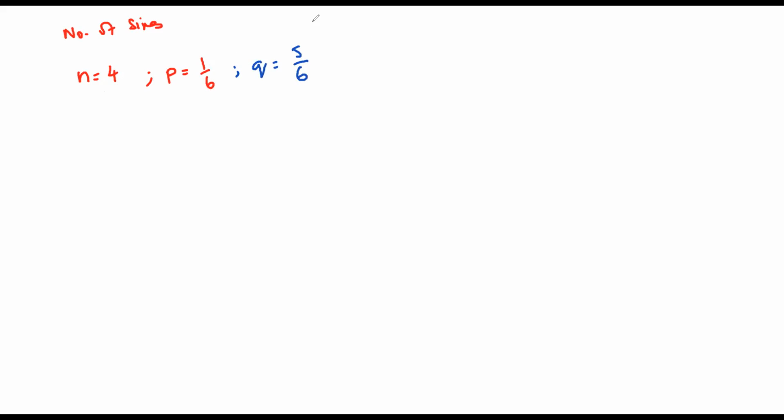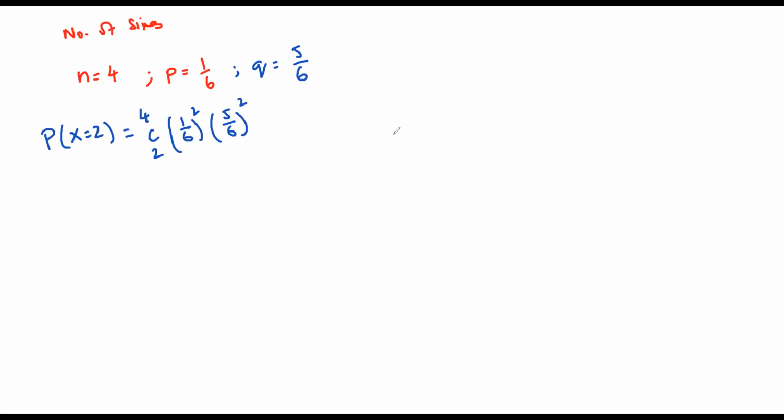Now the question is that we have to find the probability that we get 2 sixes, x is equal to 2. Now through the formula this would be 4C2.